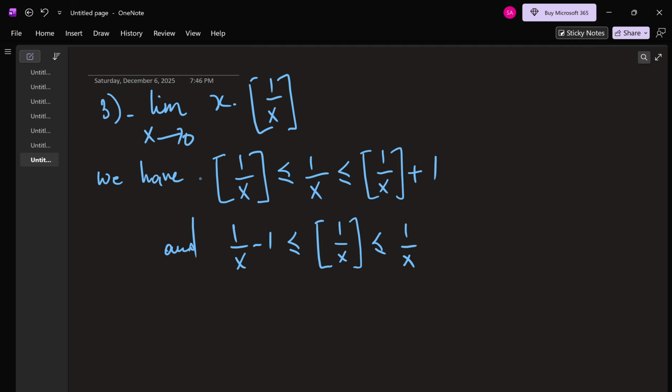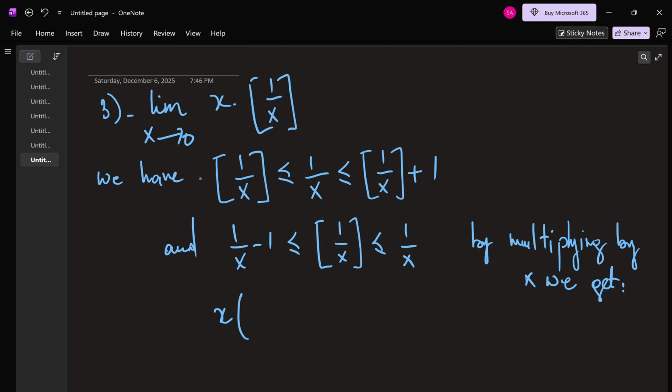Okay, so we multiply all sides by x. Here we get x times (1 over x minus 1) less than or equal to x times the floor function of 1 over x, which is less than or equal to x times 1 over x.